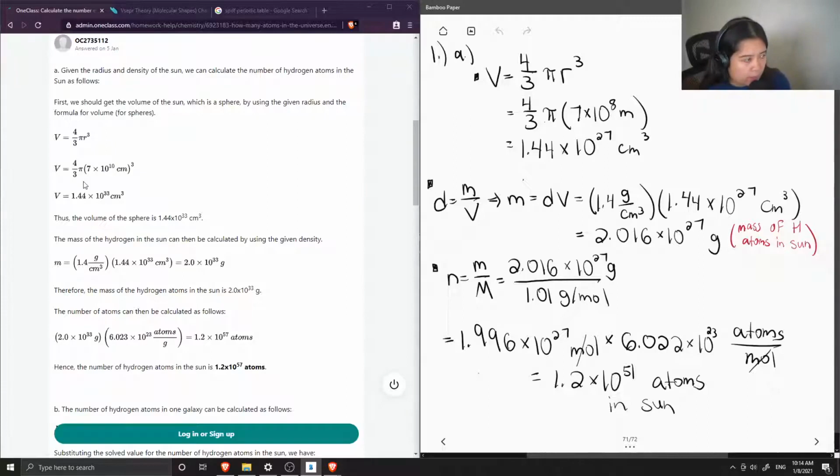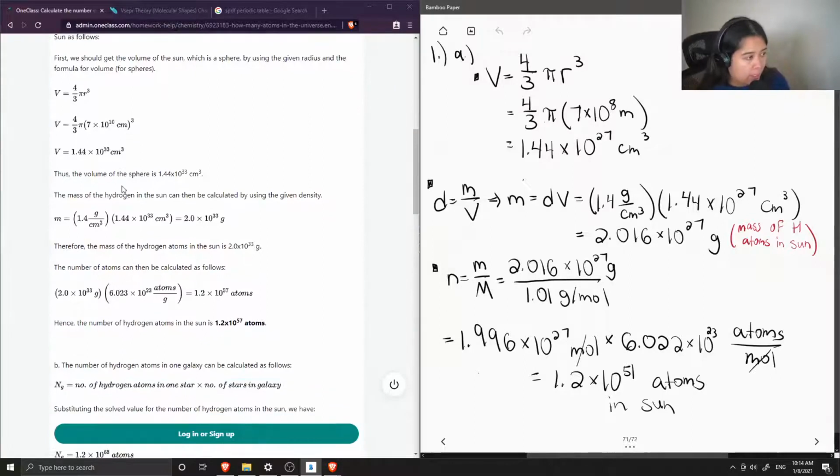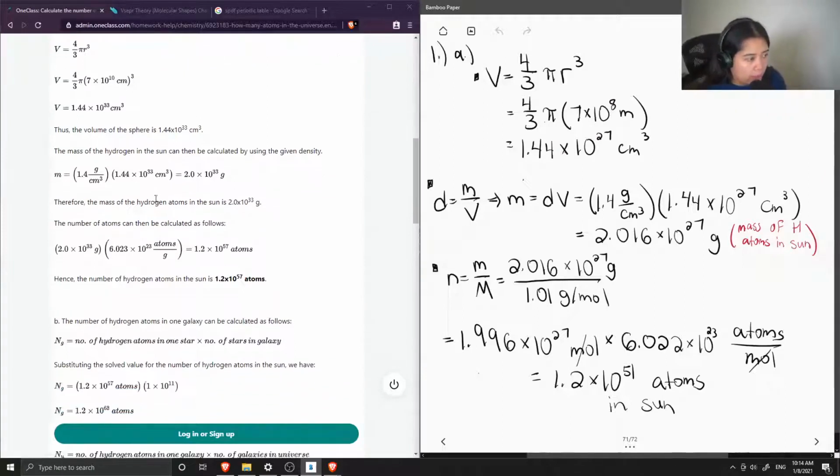So their answer will be off by a couple exponents in the end. But the work was correct. But they still ended up getting a 1.4, but their exponent is 10 to the 33. So we can just take note of that later on.